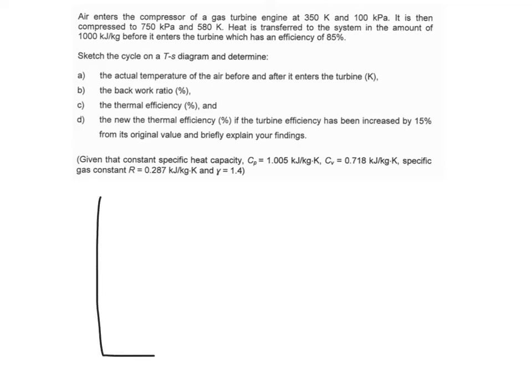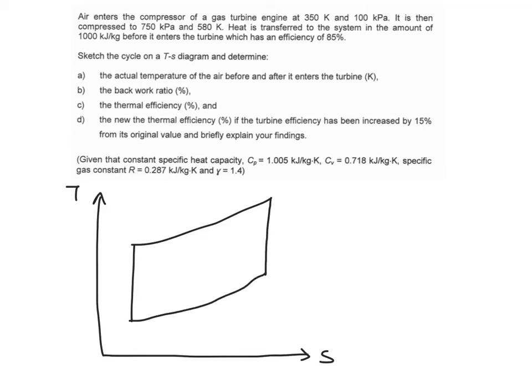Alright, so you have a gas turbine work. So this is your temperature, this is your S. Since it doesn't mention that you have a regeneration, so you have a pump or turbines, so this is basically only one pump and one turbine case.